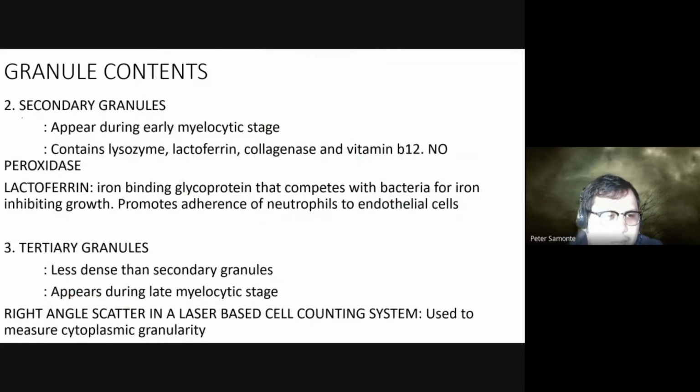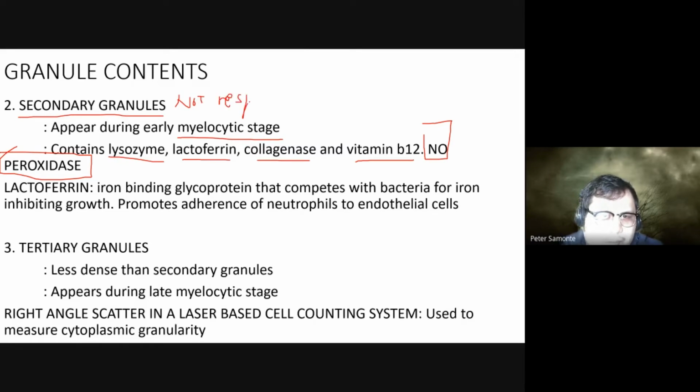Okay. The second one would be your secondary granules. Now, your primary granules would appear in the promyelocytic stage. Your secondary granules would appear in the myelocytic stage. Now, they would also contain lysozyme, lactoferrin, collagenase, and vitamin B12. There is no peroxidase. So they are not responsible for killing your bacteria.